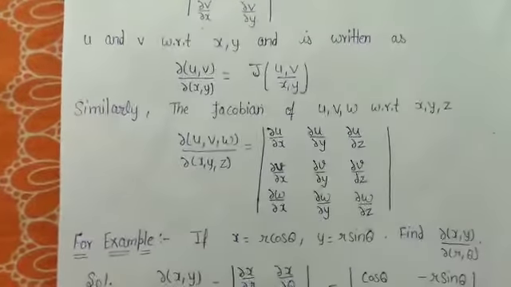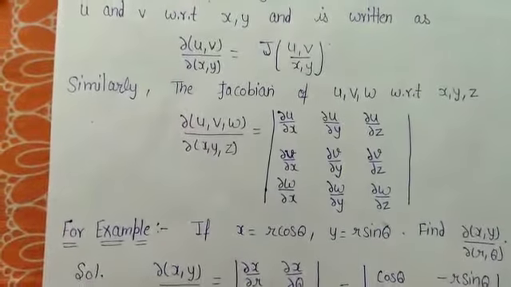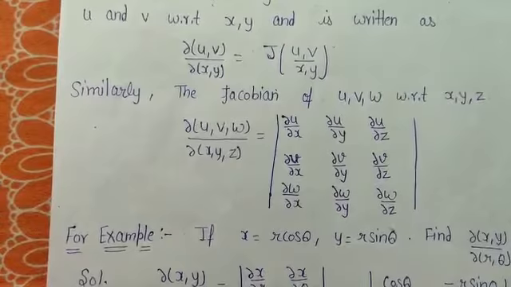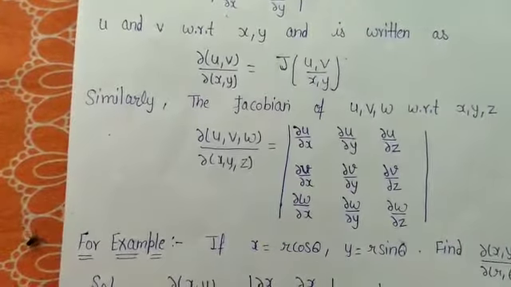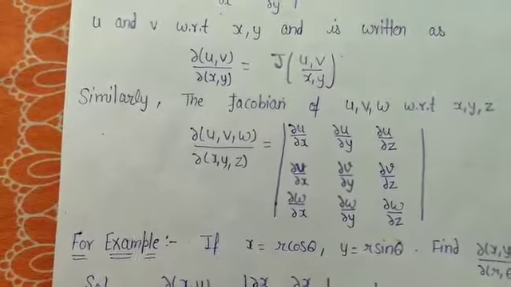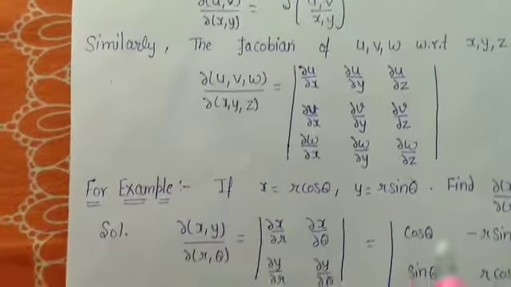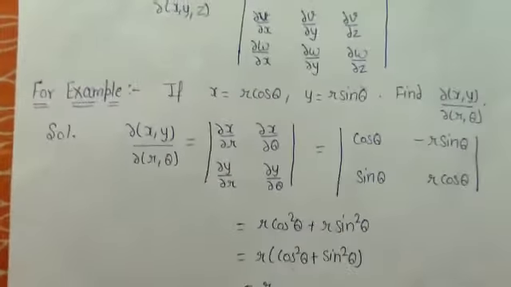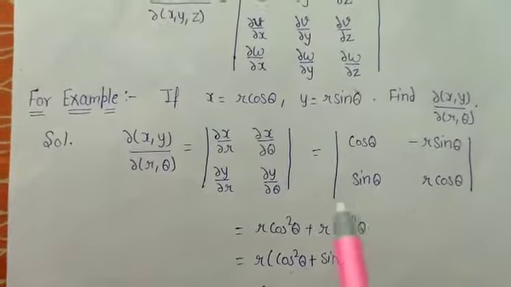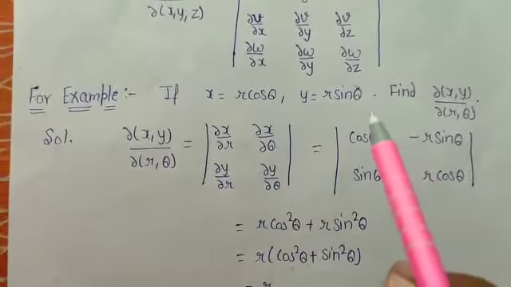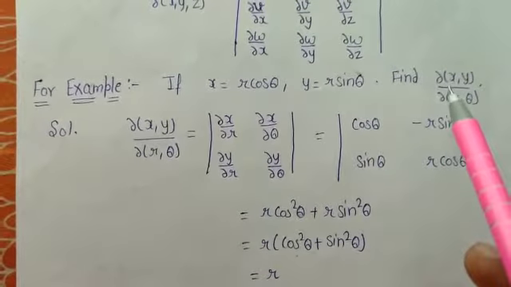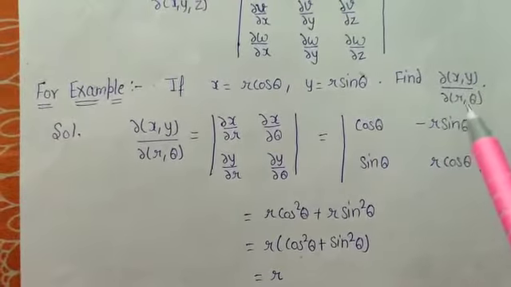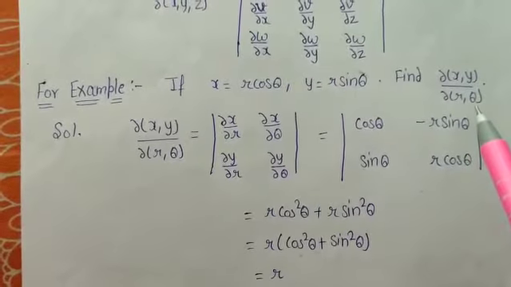Similarly, if we have three functions of x, y, z, then the Jacobian of u, v, w with respect to x, y, z is given by this determinant. Now we take an example. For example, if x is equal to r cos theta, y is equal to r sin theta, then we have to find the Jacobian of x, y with respect to r, theta.